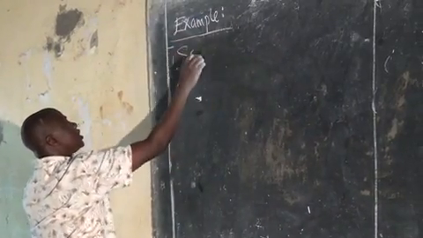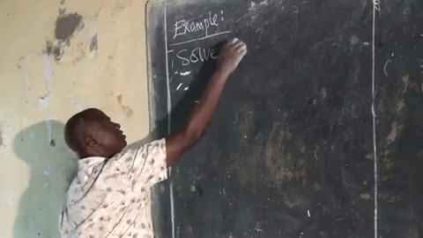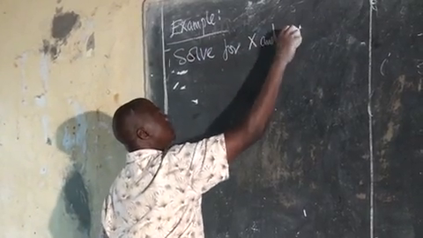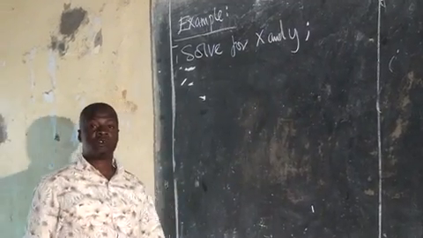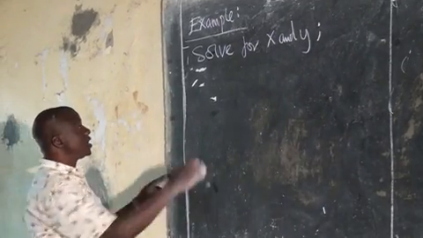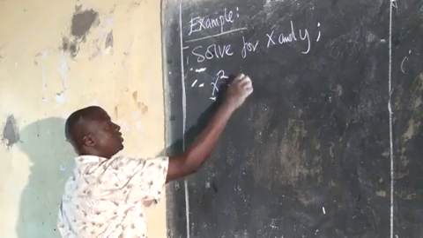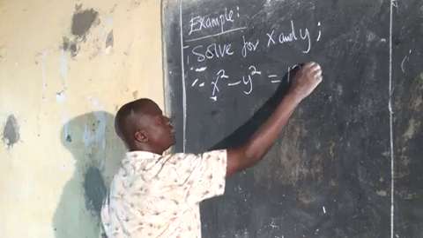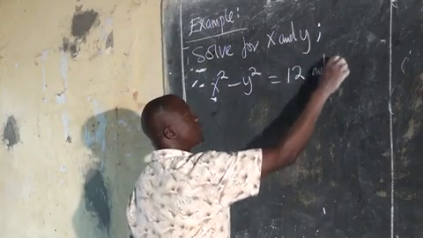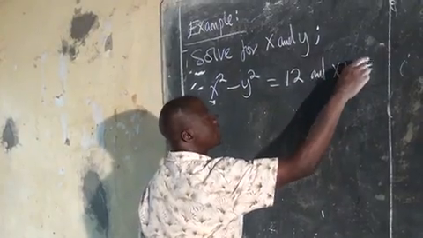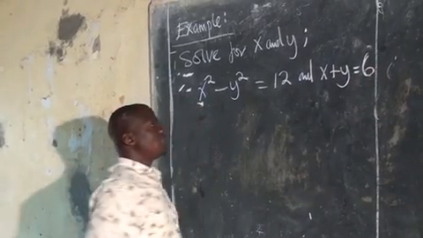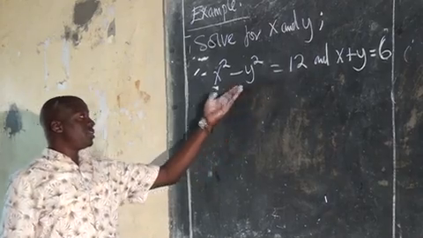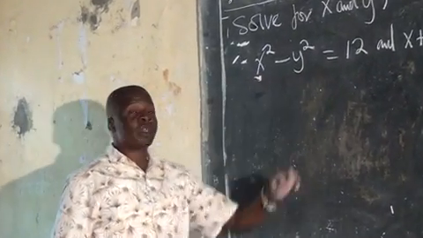They are saying solve for x and y such that x squared minus y squared gives 12, and x plus y gives 6. They want us to solve for x and y. When you observe here, there is difference of two squares.